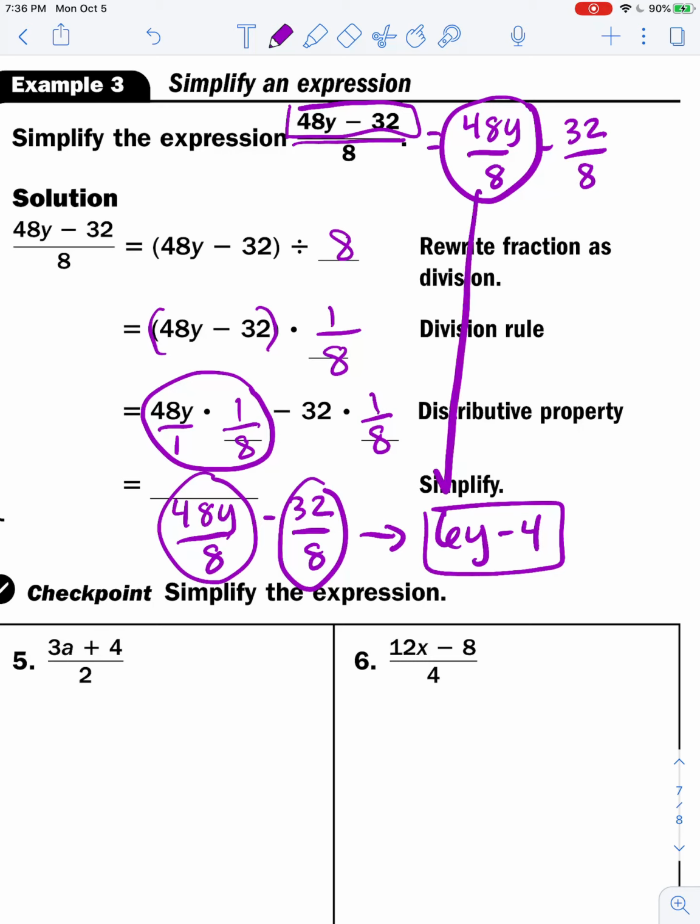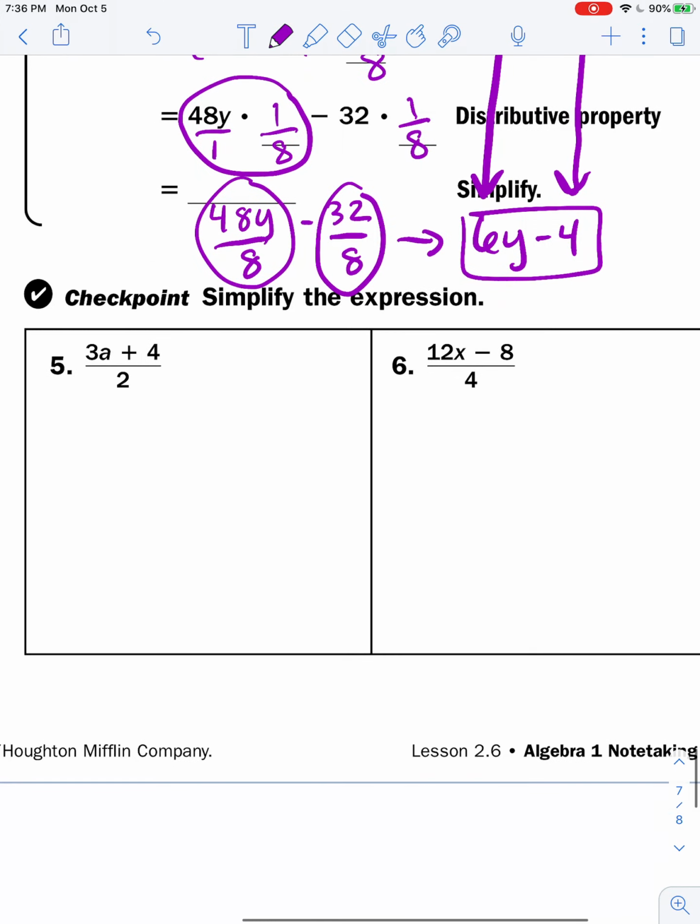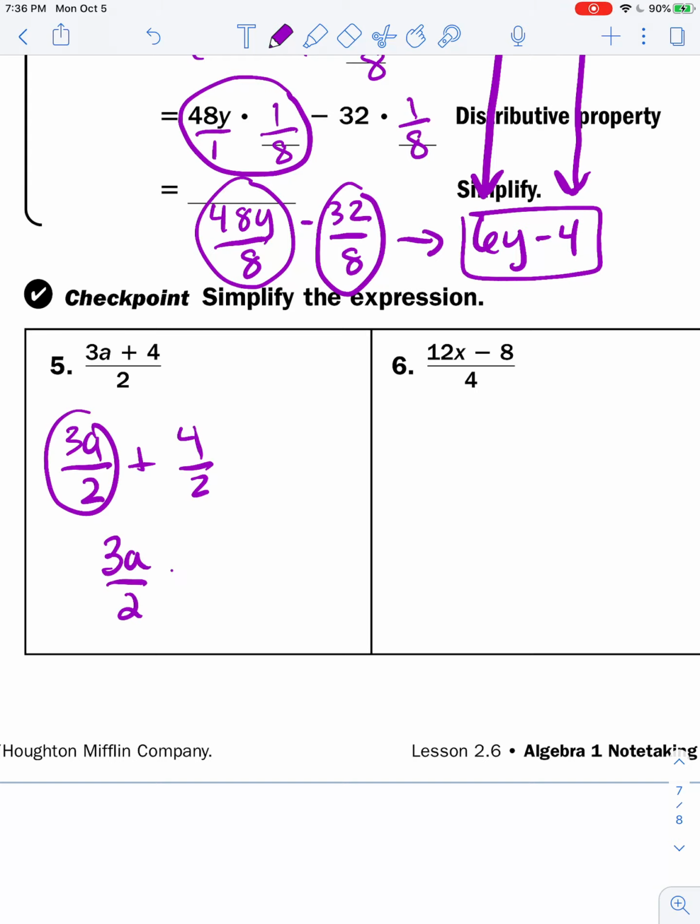And then I can take this and divide it down to 6, take this and divide it down to 4. So if that process makes more sense to you, then like here, since they're both over 2, I can separate them out. This one does not reduce, so 3a over 2 stays the same, but this one can turn into a plus 2. I just think that's a lot easier.